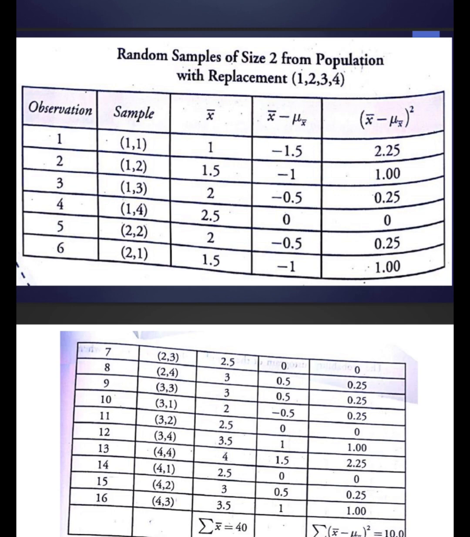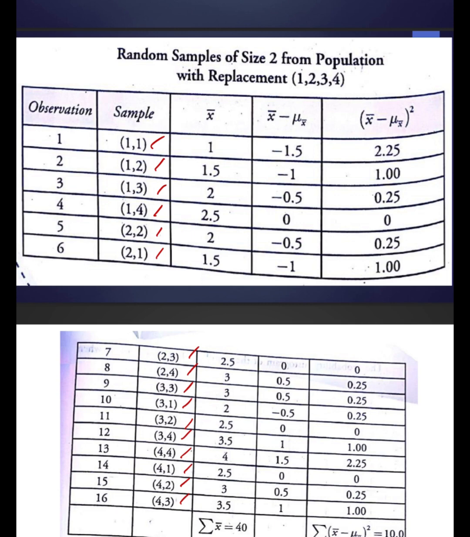There are 16 observations because 4 times 4 is equal to 16. So what are now our samples? Our samples are (1,1), (1,2), (1,3), (1,4), (2,2), (2,1), (2,3), (2,4), (3,3), (3,1), (3,2), (3,4), (4,4), (4,1), (4,2), and (4,3).